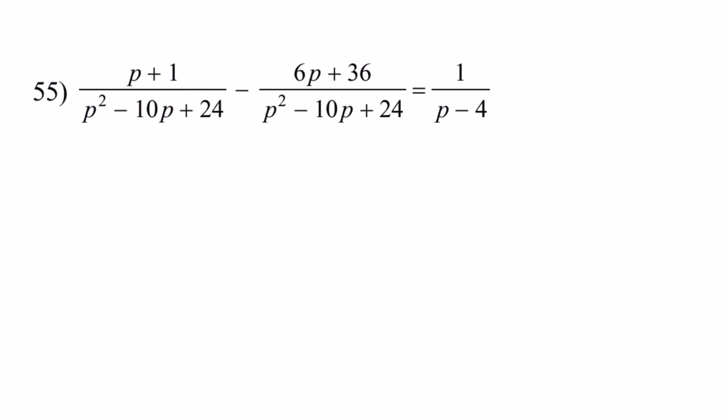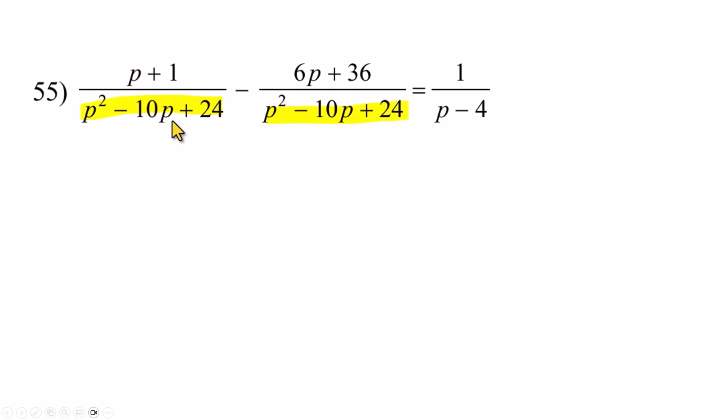Last question, and looks like a doozy, except if you look at it carefully, on this side where there's a subtraction, these denominators match. Oh, that's a gift. So in the next line, I am going to put the numerators together with a subtraction in between.